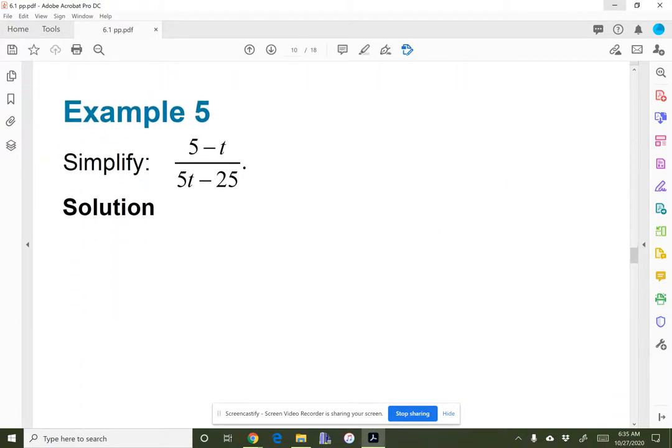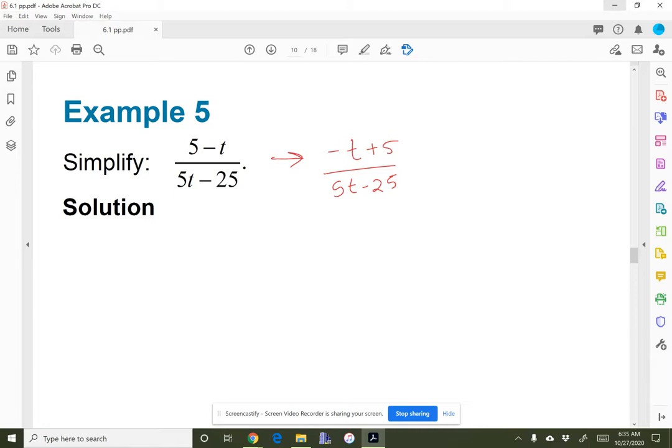Example 5. This one says to simplify, and sometimes you're going to have to get creative with this. The first thing you should notice is this top does not look right. That's not the right order. So I'm going to change this so it's negative t plus 5 over 5t minus 25. The only way I can simplify and cancel is if I factor stuff out.